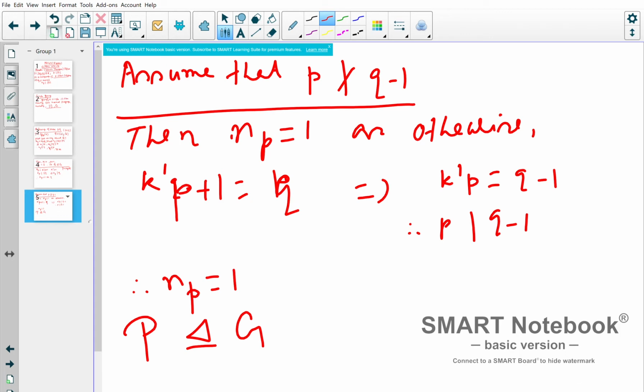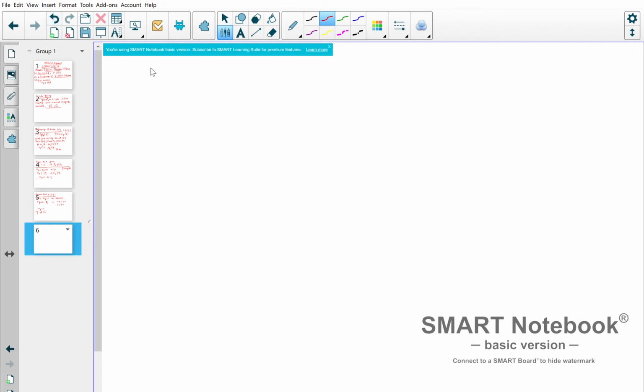Then you know that Q is also a normal subgroup of G, and the cardinality of Q is a prime number, right?